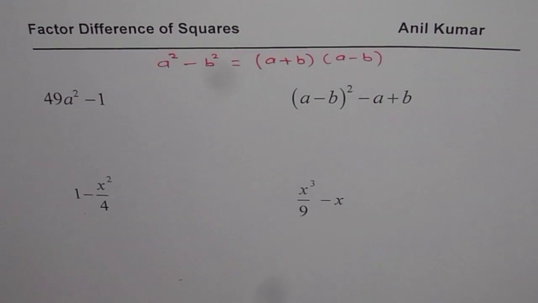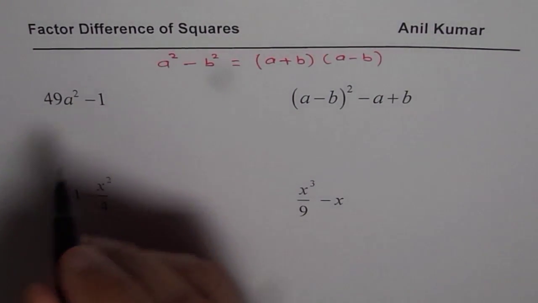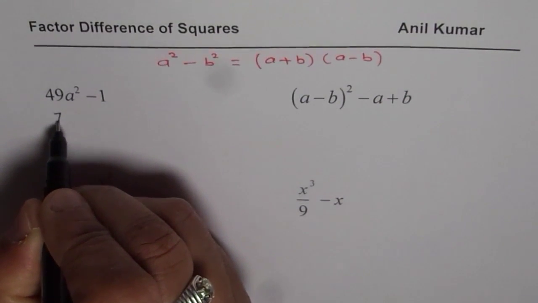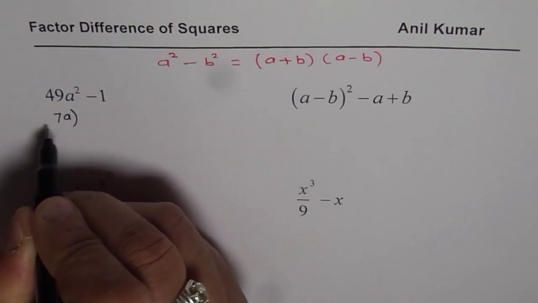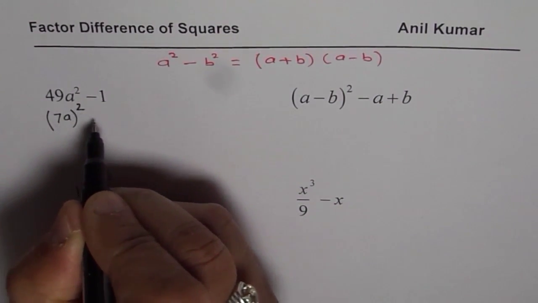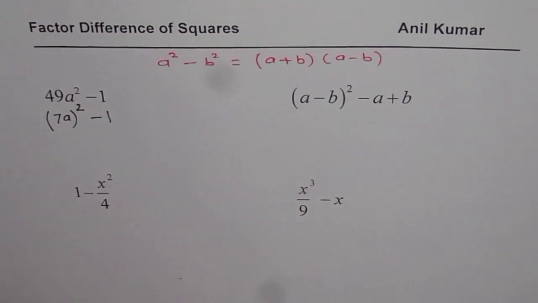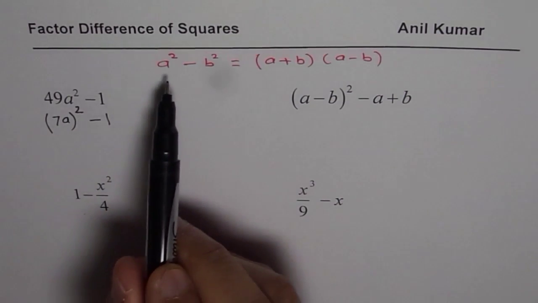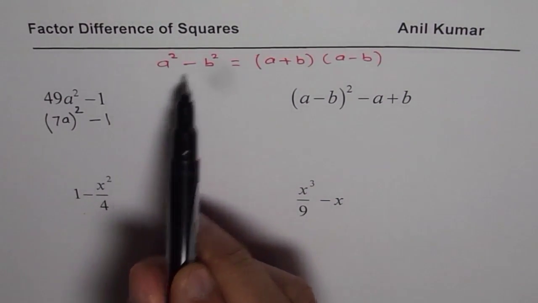49a square minus 1. In this, we could write 49 as 7 square. In fact, I could write the first term as 7a whole square minus 1. So 7a is my a, and b is 1.